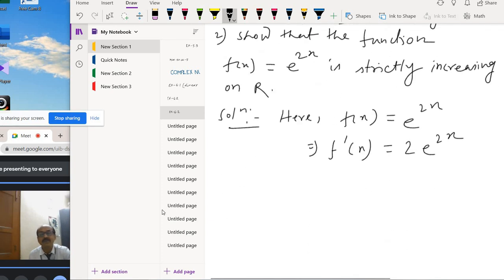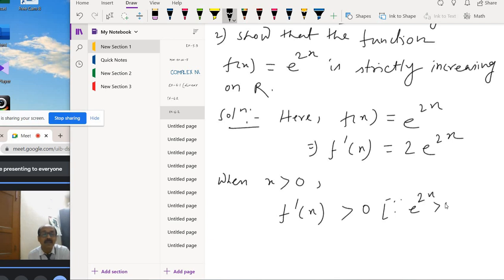Okay. Now, when x greater than 0, then e to the power 2x is also greater than 0, that means f dash x greater than 0, since e to the power 2x is greater than 0 when x greater than 0.